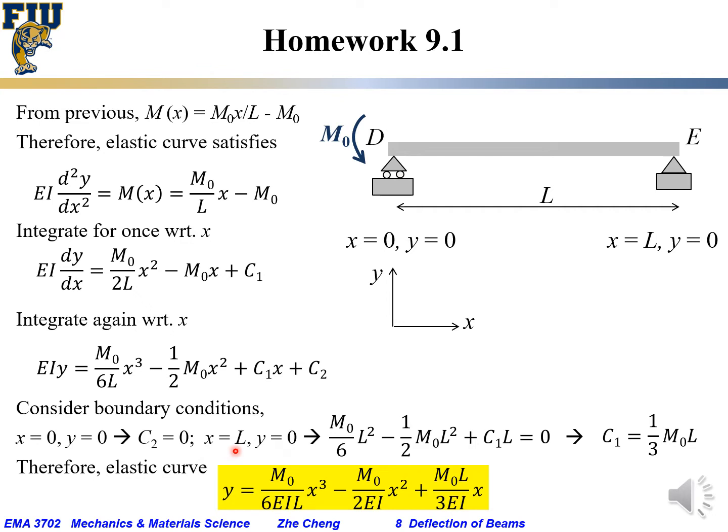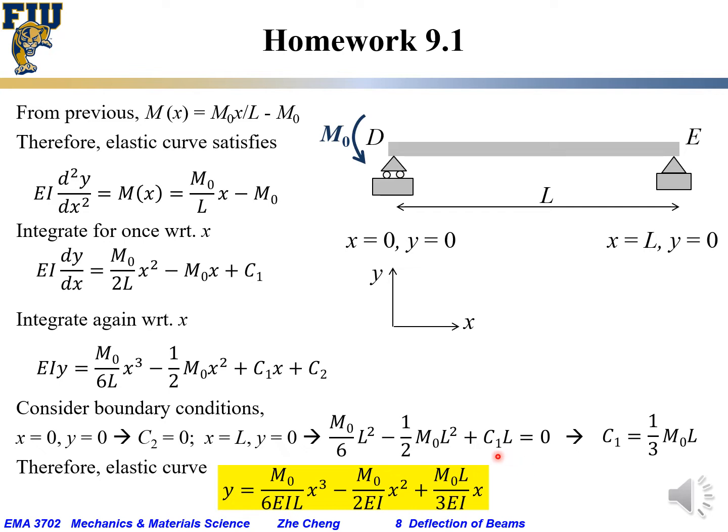When x equals L, we know y is 0, which means we put in this equation x equals L, m0 over 6L, and L to the power of 3 cancel, L squared, minus half m0 times L squared, plus C1 x becomes C1L, and C2 we set as 0. So this whole thing equals 0.